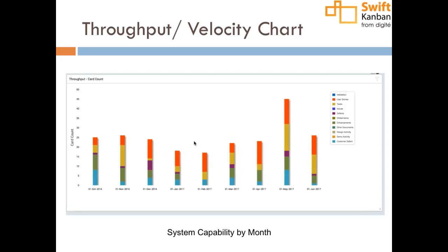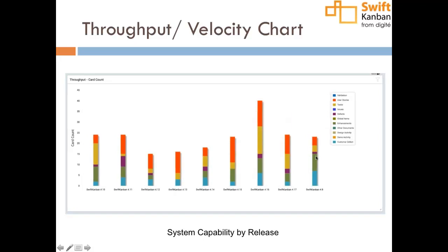These two charts provide a very quick and easy, dirty way to say what, on average, is the amount of work that you're delivering every month, or in the next case, in every release. In our case, for example, we can probably say that we are delivering about 20 work items in each release.